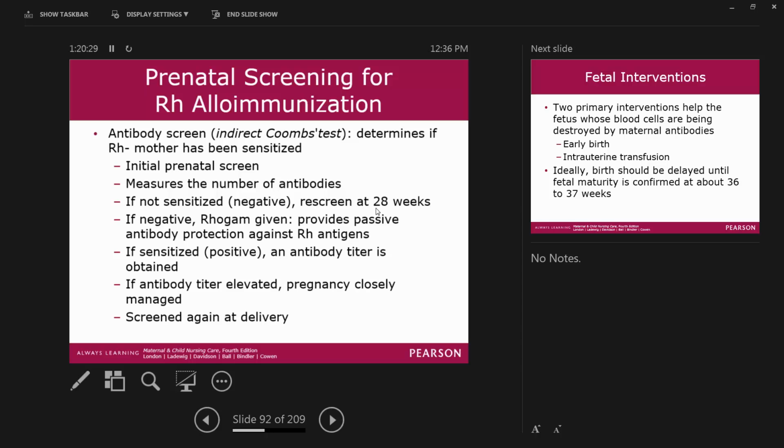They'll do a titer to evaluate the extent of that, and then just manage the pregnancy. Just try to support the pregnancy until delivery, okay? And hope that we get a baby who hasn't had a lot of that hemolysis going on, okay?